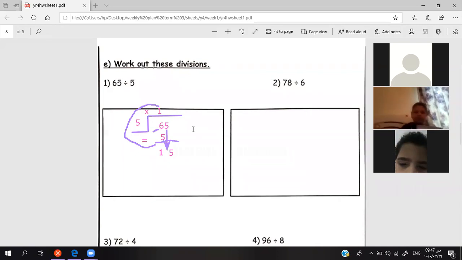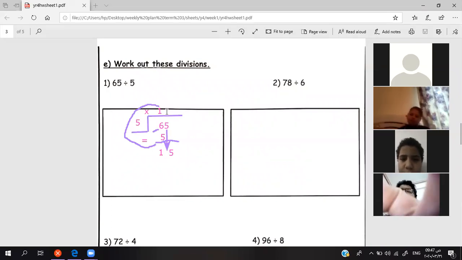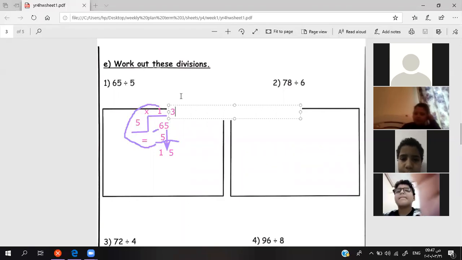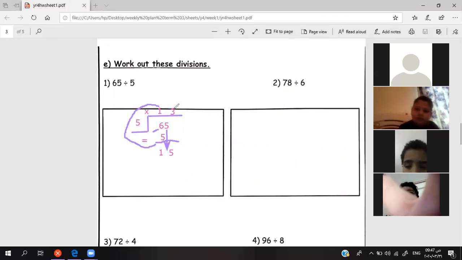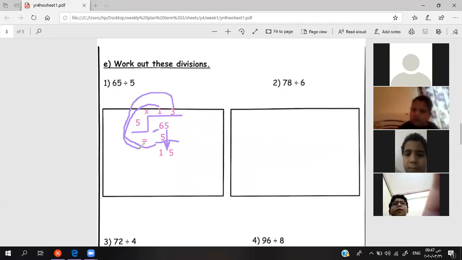Let's start again from up here. I say, what times 5 gives me 15? It's very easy. I say 5, 10, 15. So it is a 3. I write it up and I start multiplying. 3 times 5, and I write my answer here. You don't have to make these circles I'm making, I'm just making you understand, okay? So 3 times 5 is going to be a 15.